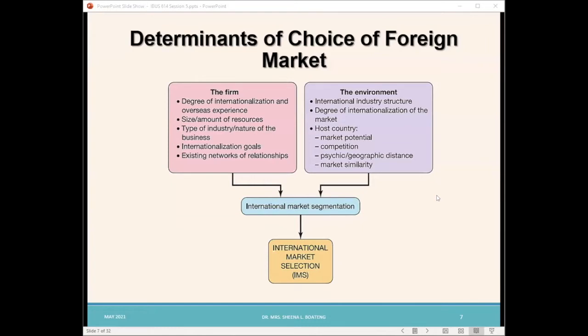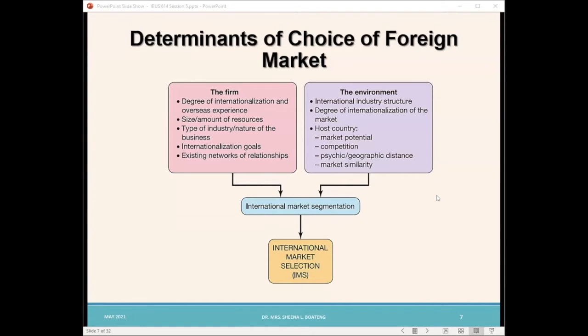So considering these two together will lead them to what we refer to as international market segmentation. Because once they know what their internal strengths and weaknesses are and what they can handle as an organization, compared with the conditions in the environment, they will be able to segment different chunks of the foreign market that they believe they can successfully enter into or successfully target with a particular global marketing strategy.